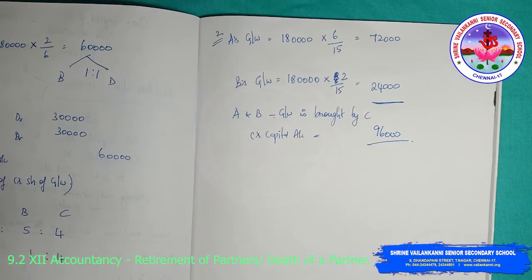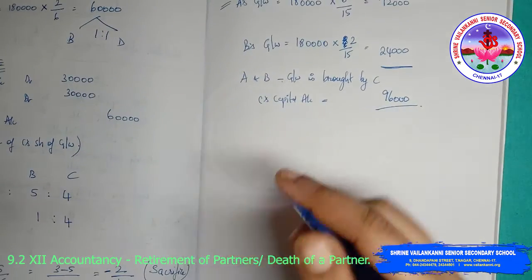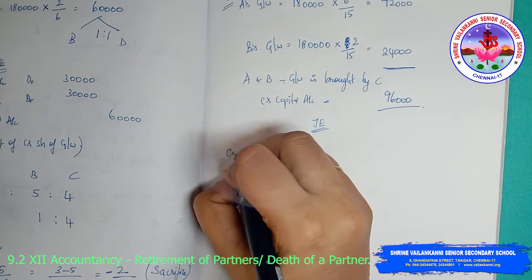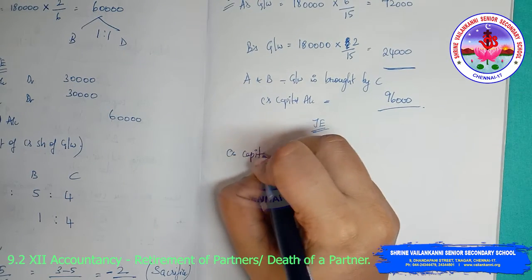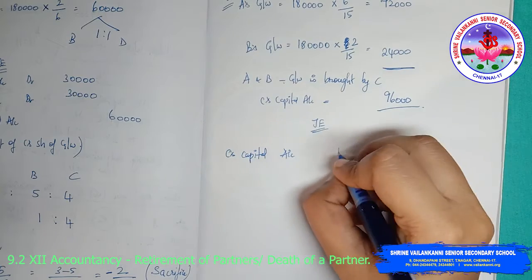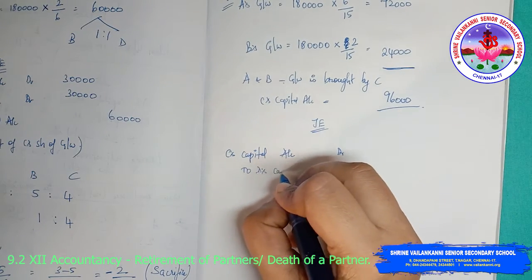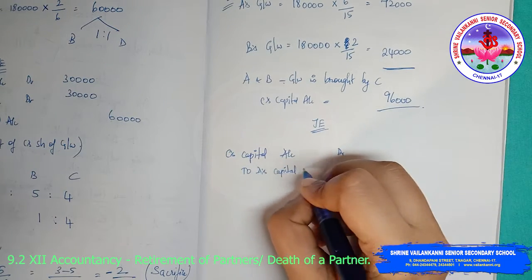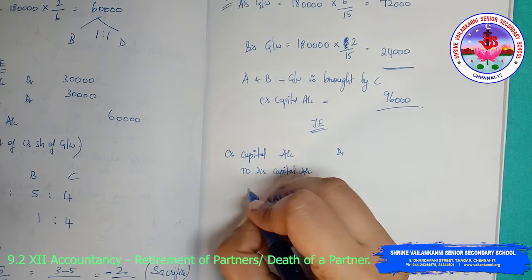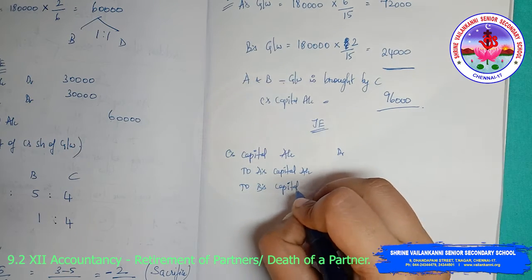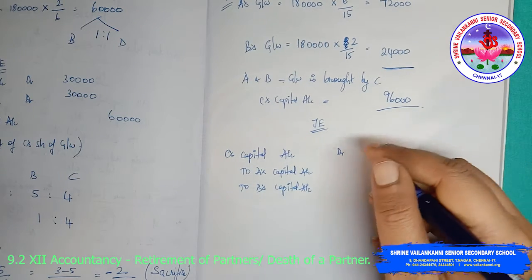Okay, so what is the journal entry we are supposed to write? Journal entry would be C's capital account debit to A's capital account and to B's capital account.